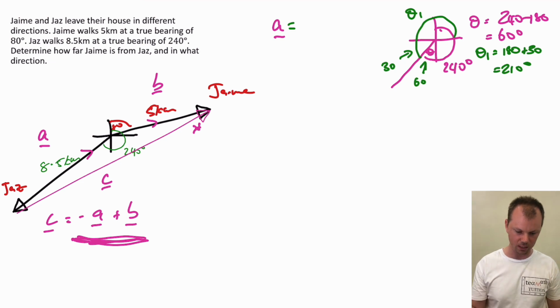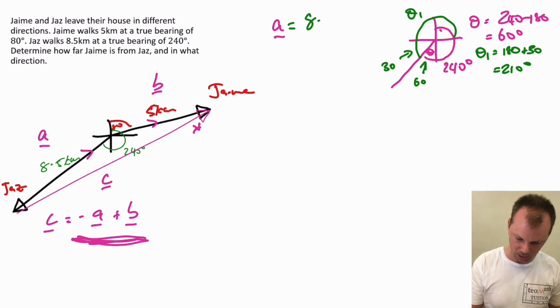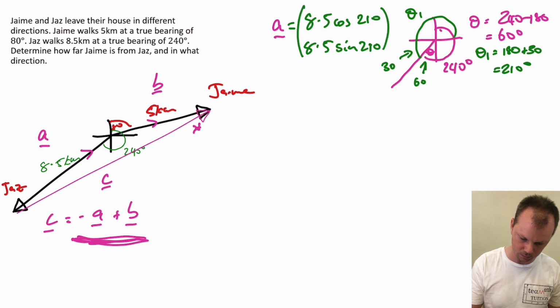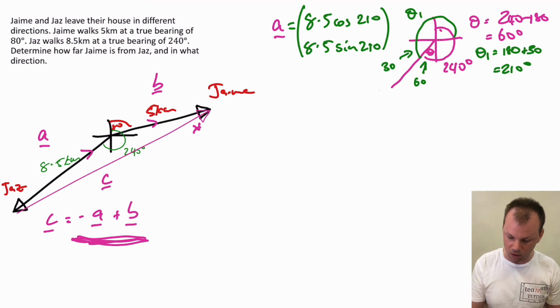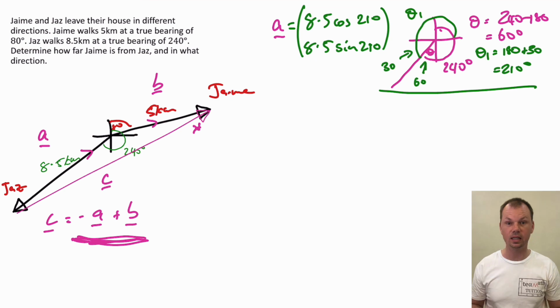We can work out what that is now. We've got 8.5 cos 210, 8.5 sine 210. So that's our A vector. Again, there's a lot of little intricacies in this process. So if you can set it out really clearly, you're going to minimize the errors that you make.